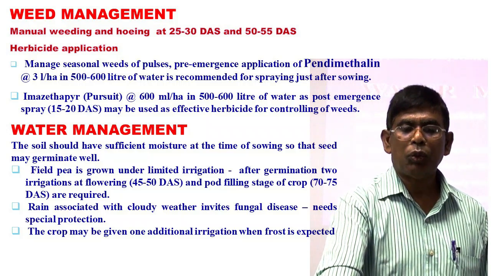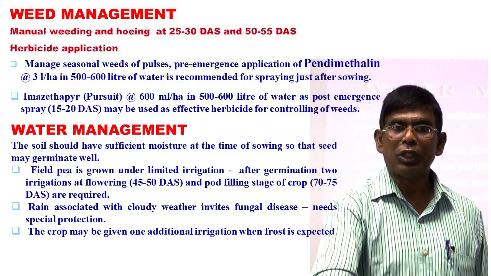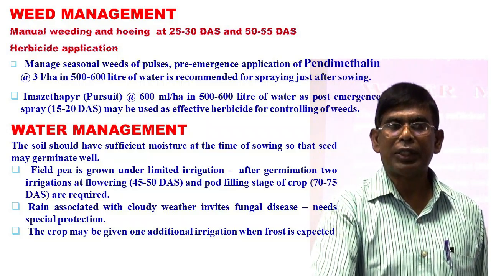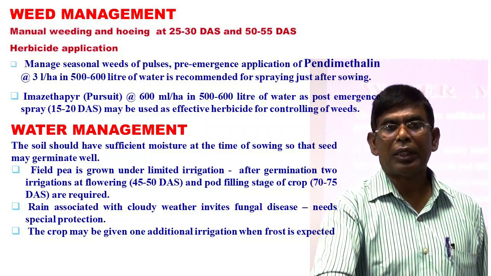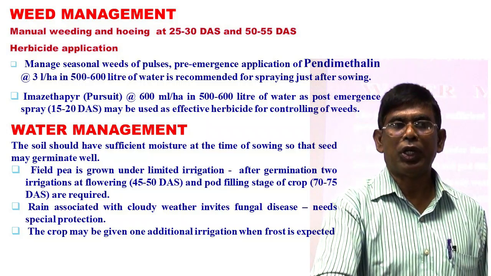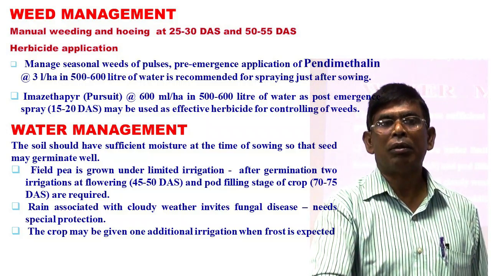Then coming to water management. The soil should have sufficient moisture throughout its course because the microbial activity should not be hampered at any time. Just at the time of sowing, soils should contain sufficient moisture for multiplication of the rhizobium microbes.